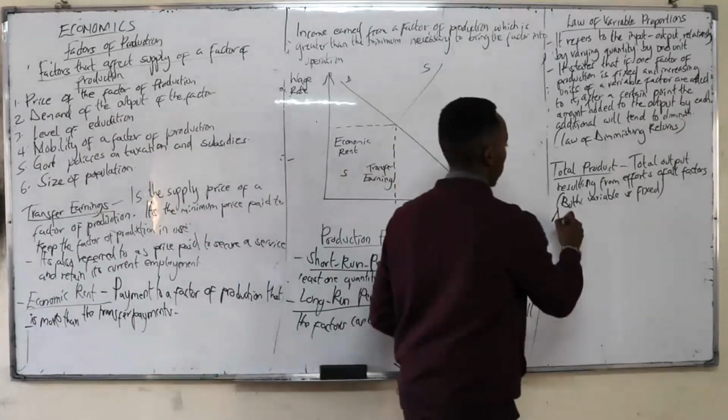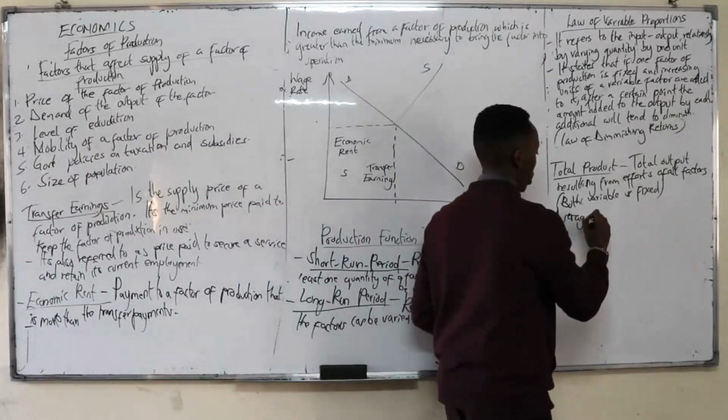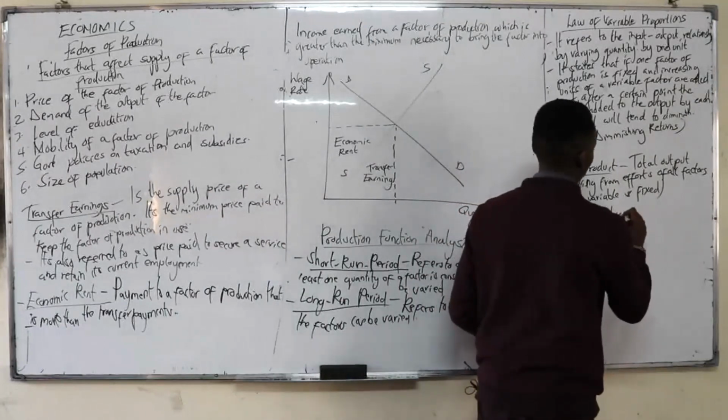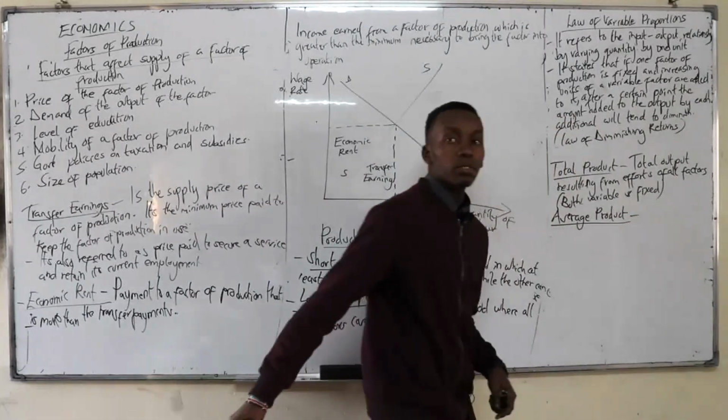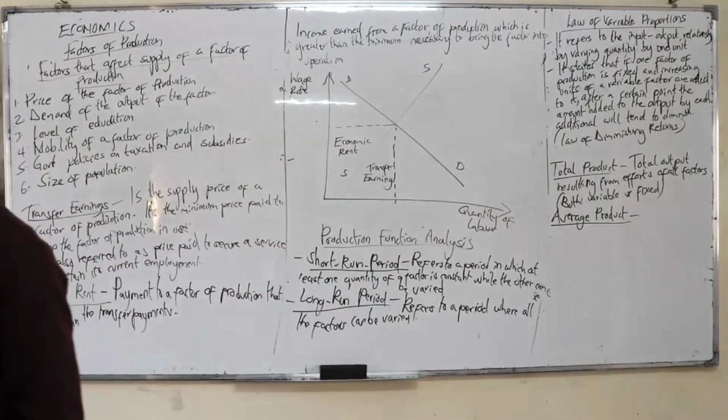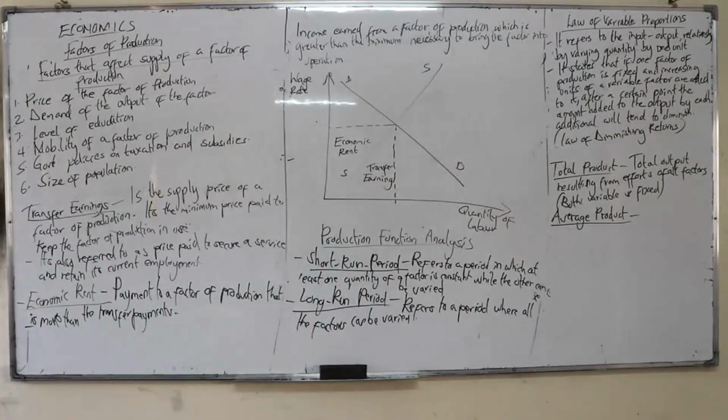And then you have the average product. The average product is the total product per unit of the variable factors.